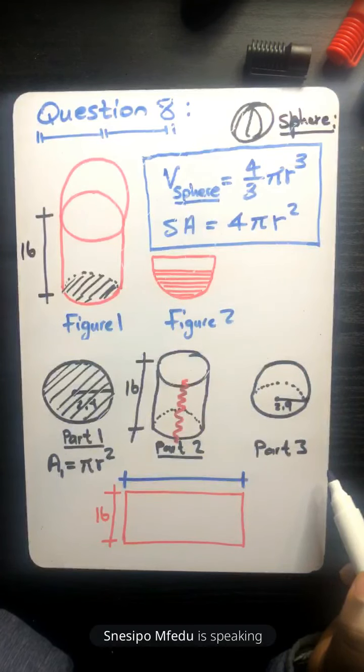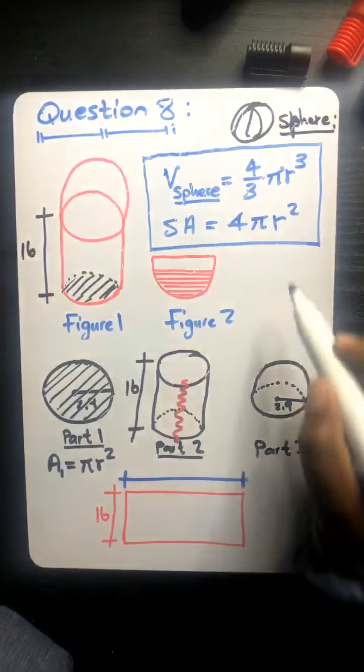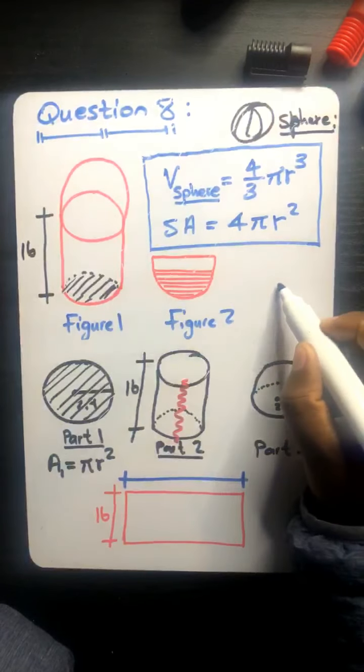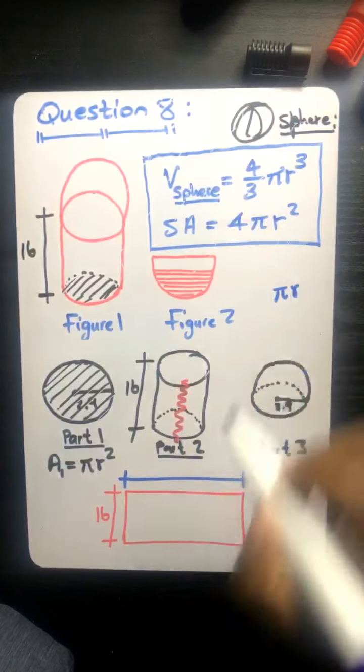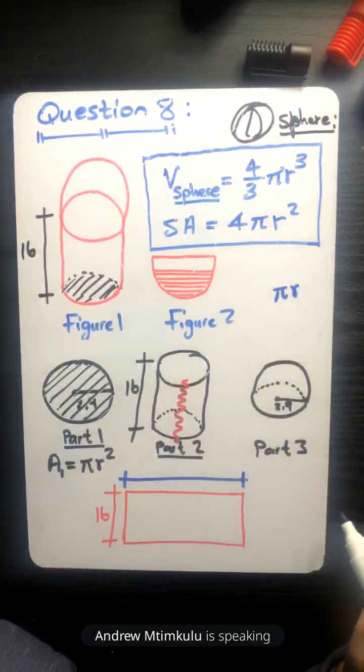No, sir. Not pi times radius, sir. What is it? Did someone say pi times radius?